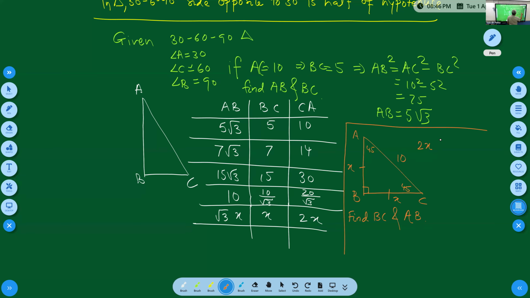So 2x square is equal to 100. Therefore, x square is equal to 50, which is equal to 25 into 2. Therefore, x is equal to 5 root 2. So if any one of the sides is given, remaining two can be found out in 45, 45, 90 and 30, 60, 90.